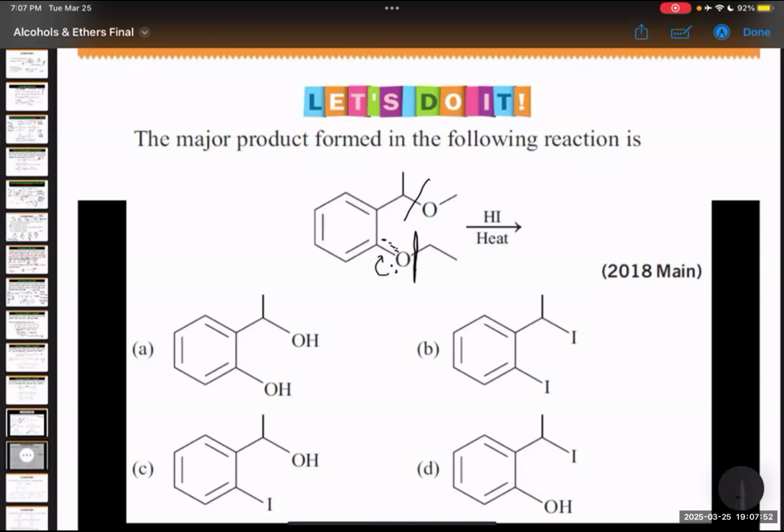So what are we going to get over here? This I am going to leave as it is, OH. Now I am going to break this bond. So O is going to come with methyl. This is incorrect. I can come here. This is correct. Got it? So D is the right answer.